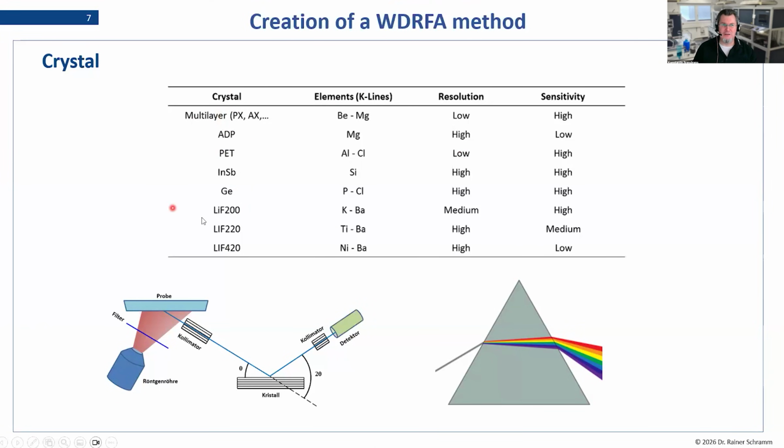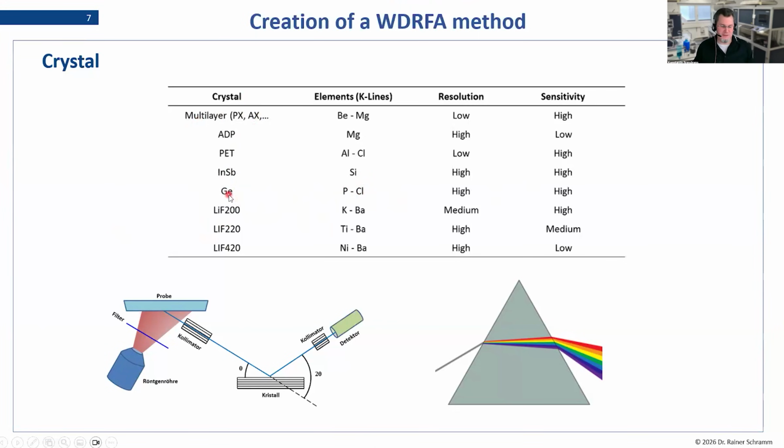But a good selection of those, usually what you have is an AX, a PET, and one LIF. There are a few extra crystals here that have certain advantages for certain elements. For example, the germanium one here, which is really good for phosphor to chlorine, gives you a higher resolution and high sensitivity. So this is usually what we use for phosphor, sulfur, and chlorine.